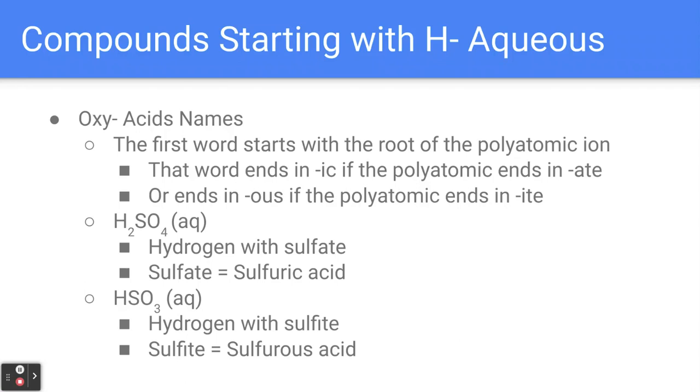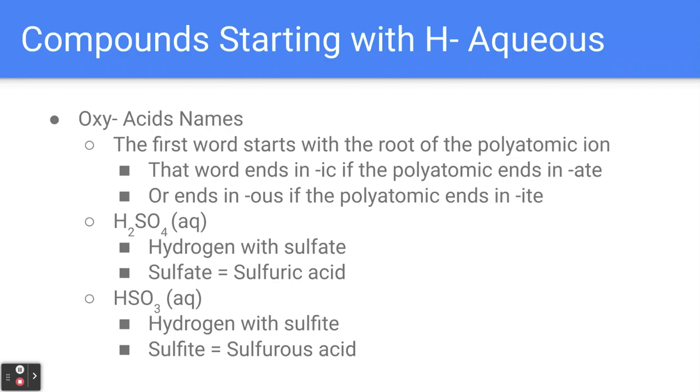You're going to start with that, and then the ending of that root is going to depend on what the true ending is. Is it carbonate? Is it carbonite? Nitrate, nitrite, sulfate, sulfite. If it's sulfate in the formula, then we're going to end that name in an ic. So sulfuric acid would be H2SO4. And then H2SO3, that is hydrogen with a sulfite group.